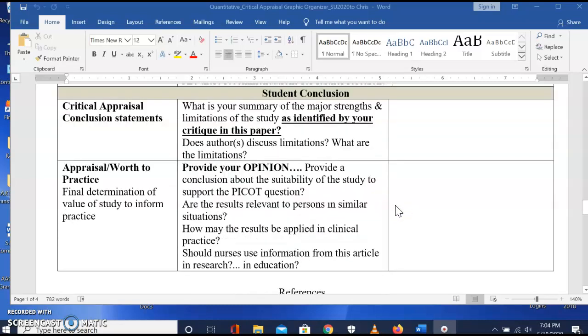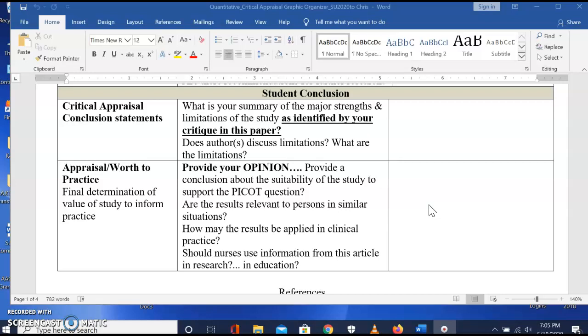And last but not least, it's the final part of this graphic organizer, and that's providing your opinion. So you're going to have a PICO question that goes with a research article that you're going to critique, and we want to make sure that you answer this question, which is to provide a conclusion about the suitability of the study to support that PICO question.